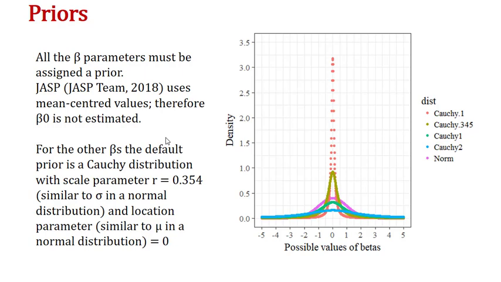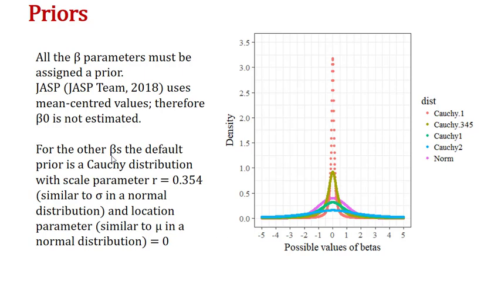There is a default distribution with a default parameter in JASP, which is the Cauchy distribution, and the Cauchy distribution is in a sense similar to the normal.